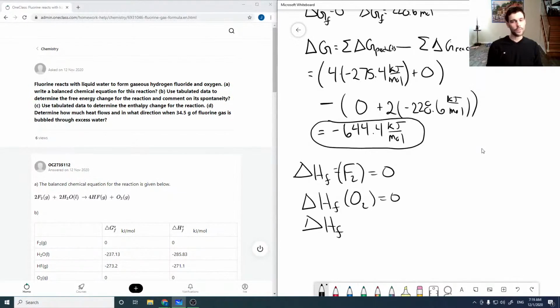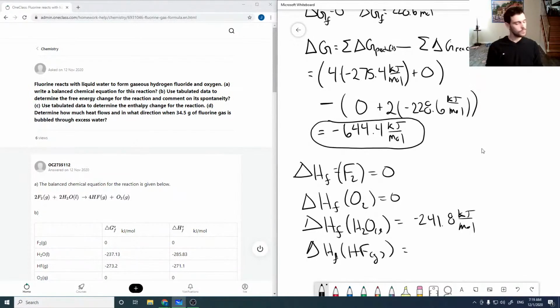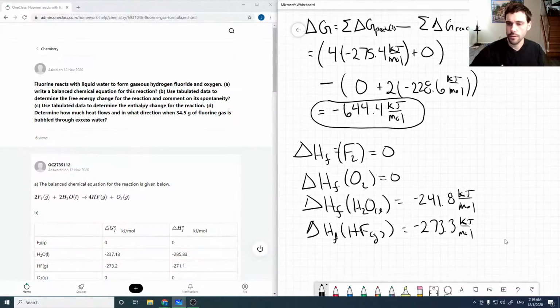What I found was delta HF of water is negative 241.8. And delta HF of HF is negative 273.3. And so now we're good.